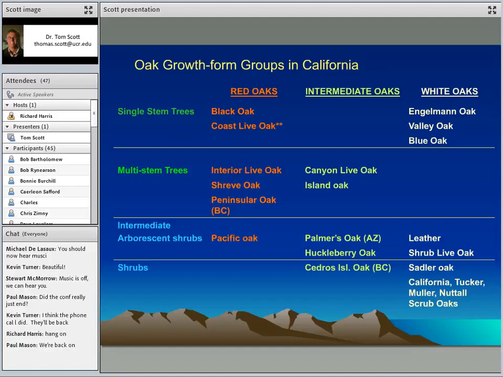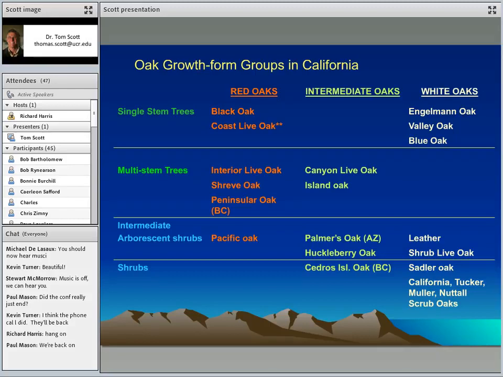So this is a slide which basically shows you growth forms of oaks. We have a range of growth forms, and it's sort of surprising that the families themselves or the subgenera themselves don't necessarily sort out on these, but we have single-stemmed oaks, multiple-stemmed oaks, kind of intermediate arborescent oaks, and then what we call our shrub oaks. And the single-stem oaks really are our trees.